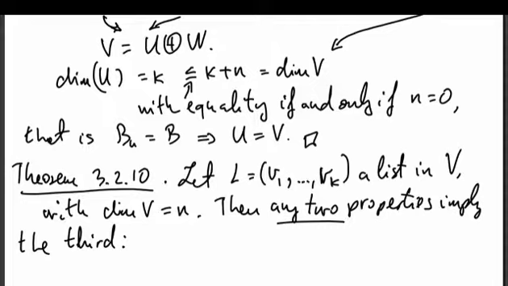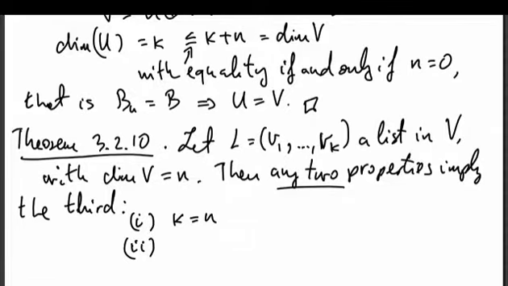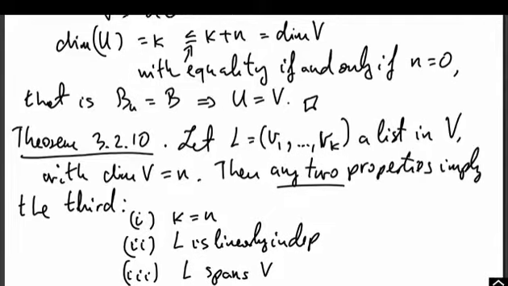And the three properties are, one, that k equals n. That means you have as many list elements as the dimension. So if you also have that L is linearly independent, for example, then these first two imply that L spans V. Or for example, if you choose the first and the third, that implies the second.